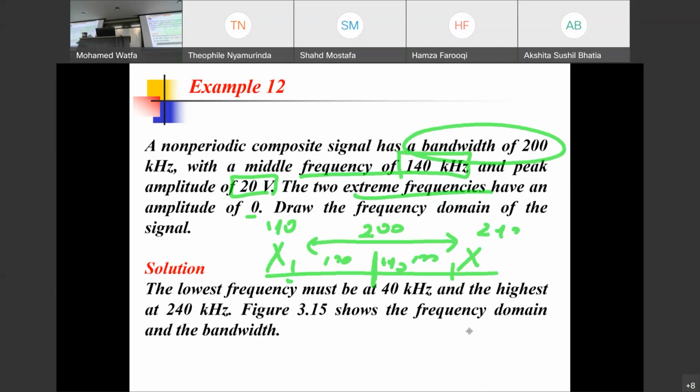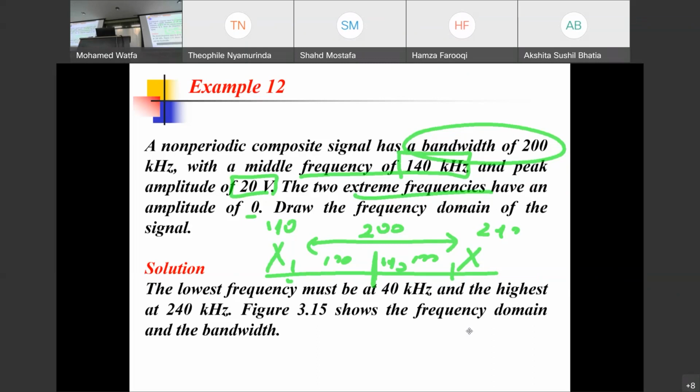It's like a midpoint. So I know the middle is 140. So the biggest, let's call it B, minus 140 should be equal to 100. You agree? So B minus 140 equals 100. So what is B?